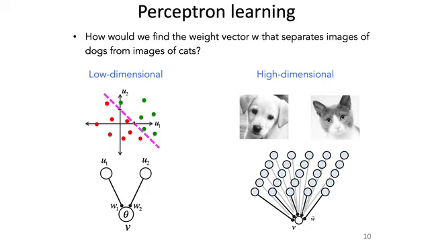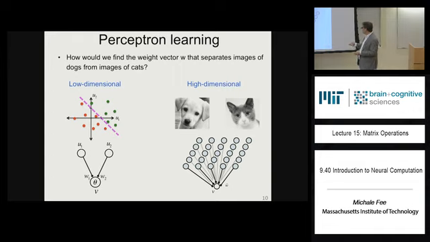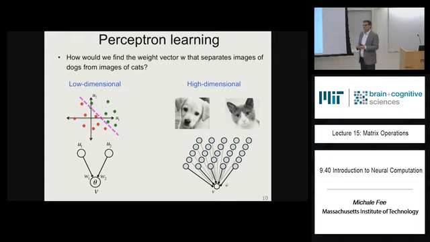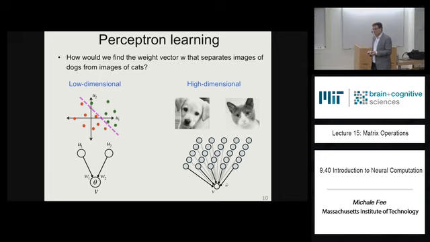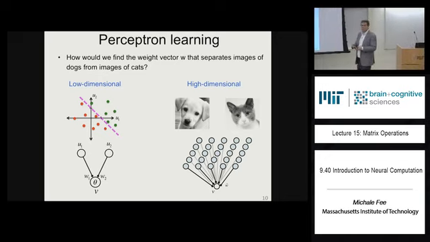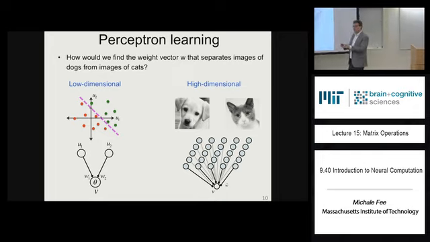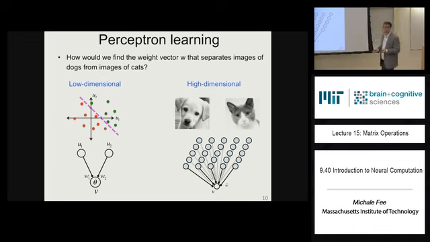Now how do you decide what all of those weights from all of those different pixels onto our output neuron should be, to separate images of one class from images of another class? There's just no way to do that by eye in high dimensions. So you need an algorithm that helps you choose the set of weights that allows you to separate a bunch of images of one class from a bunch of images of another class.